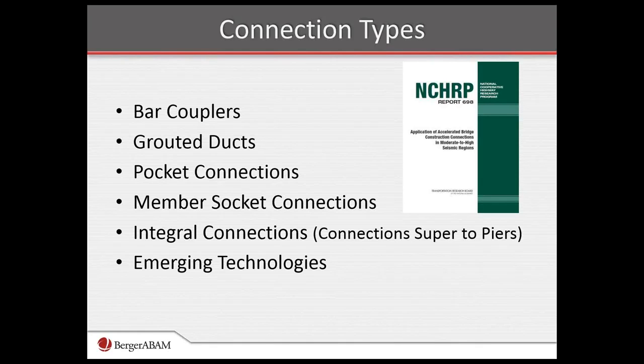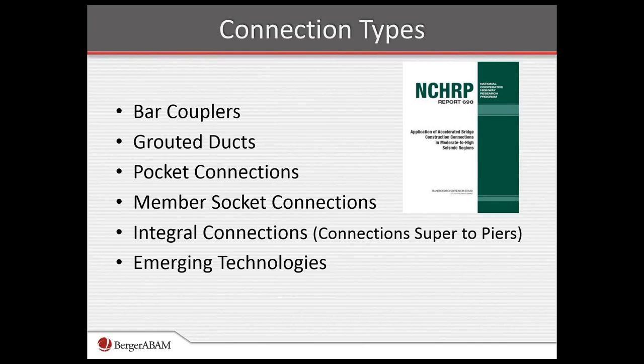So this is an evolving technology as we conceptualize different types of connections and move to deploy those in the field and eventually test those appropriately in the laboratory to prove that they work. This doesn't stop one from potentially doing a proof set of tests on a particular job or project to fully vet the performance of the system.